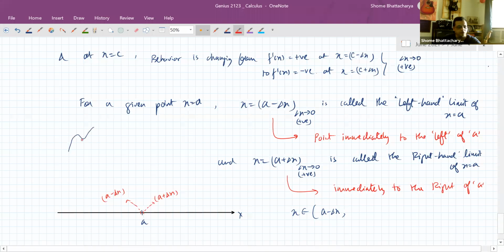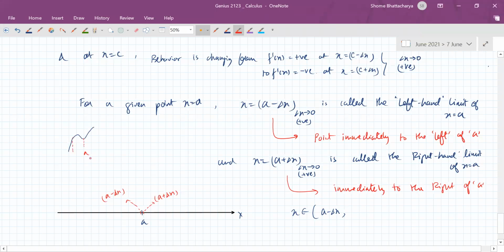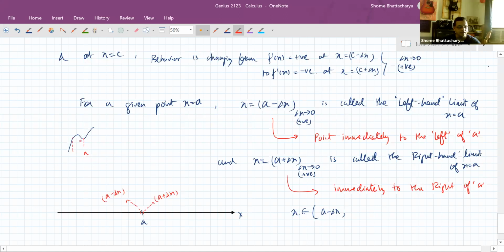Now you can see here, if this is my point x equal to a, there is some point before a also, at which the slope is positive. So if I take a general value of delta x, instead of taking delta x tending to 0, then I might take delta x so large that I'm covering this distance.